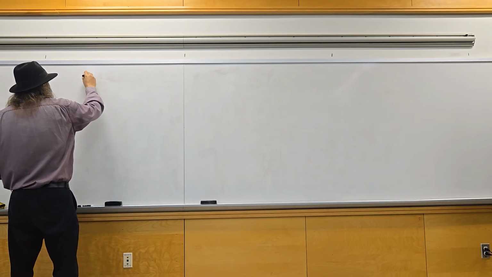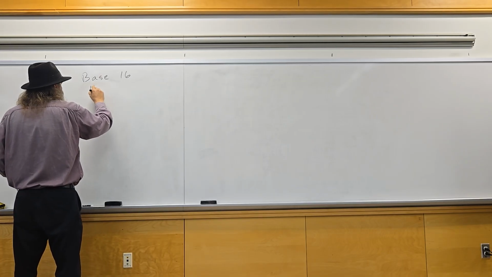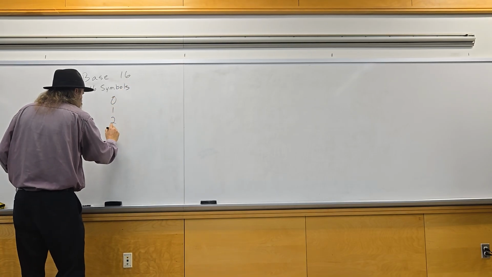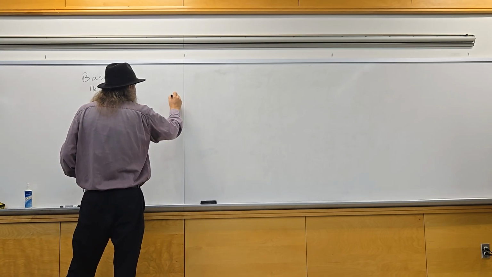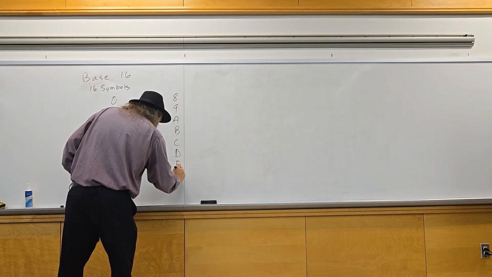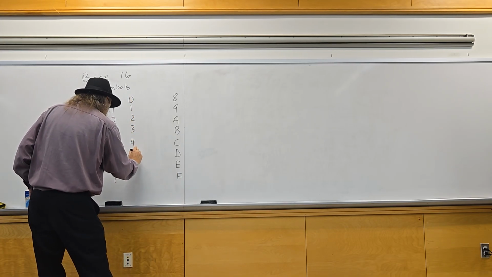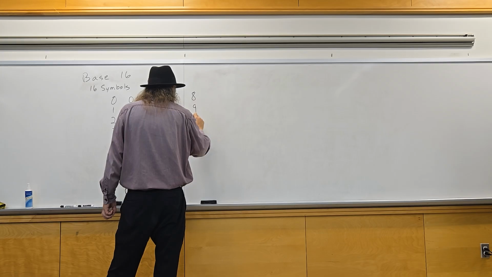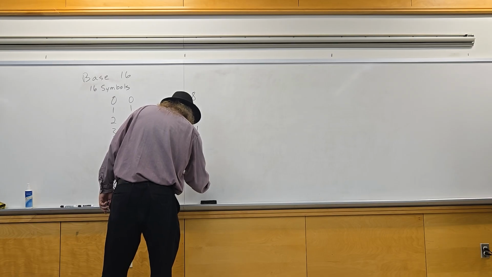So base 16 has 16 symbols. I go 0, 1, 2, 3, 4, 5, 6, 7, 8, 9, A, B, C, D, E, and F. And that corresponds to 0, 1, 2, 3, 4, 5, 6, 7, 8, 9, 10, 11, 12, 13, 14, and 15.